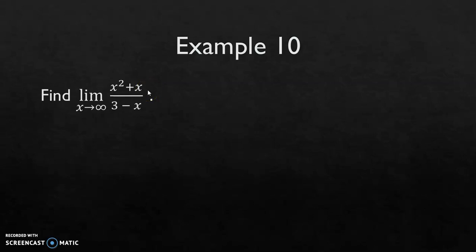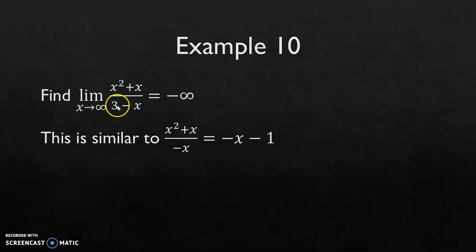And that gets you negative infinity. So what I did is I completely ignored the 3 because it's so small it doesn't even matter here. And then I reduced this by x, and I dealt with the negative sign to get this, which, as x gets really, really big, is going to approach negative infinity.